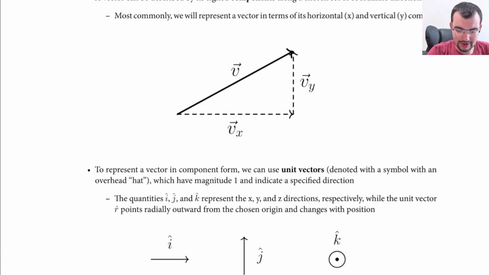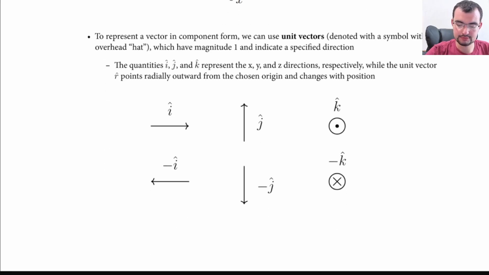And to describe a vector arrow, we'll describe it based on its components, which says how far left right the vector is versus how far up and down. And just so we're all on the same page, when describing vectors, we've agreed to define these quantities called unit vectors that just represent one unit of magnitude in a certain direction.